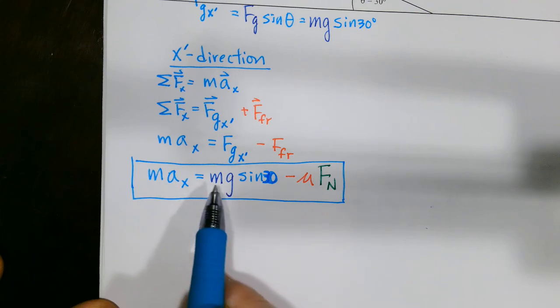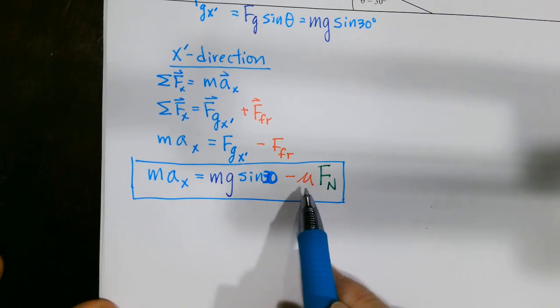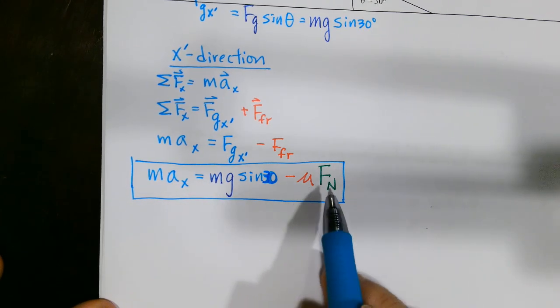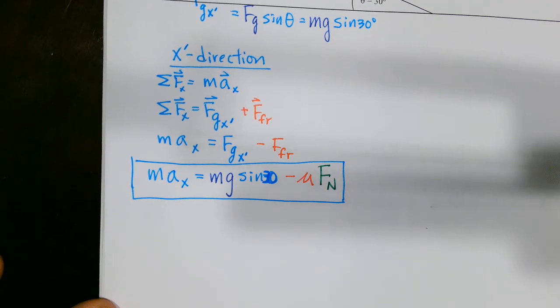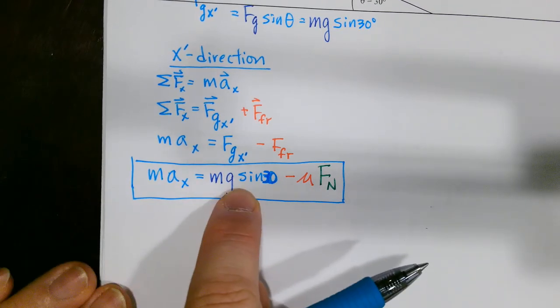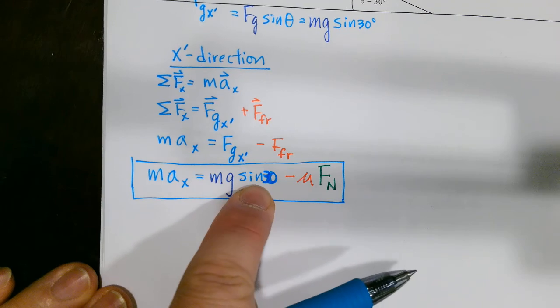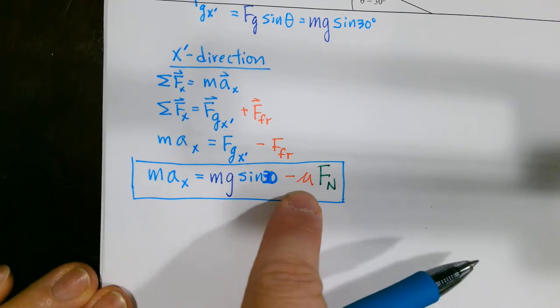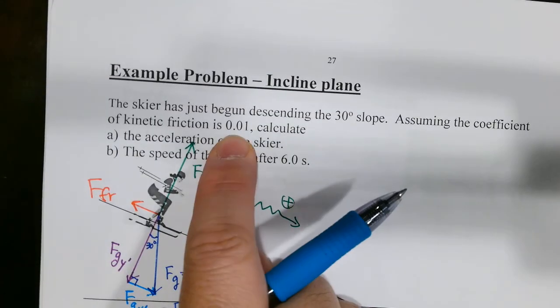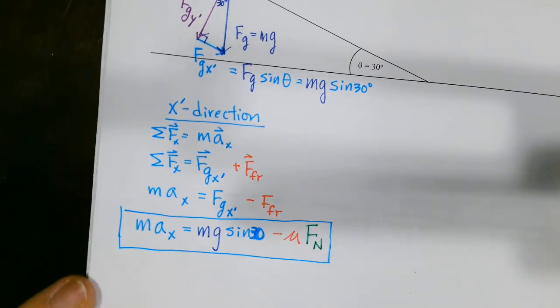We don't know what the mass is. We know mu. F normal, we don't know. If you want to take one more step, we can plug in 0.5 for the sine, and the mu we already know is 0.01, we can do that if you want.